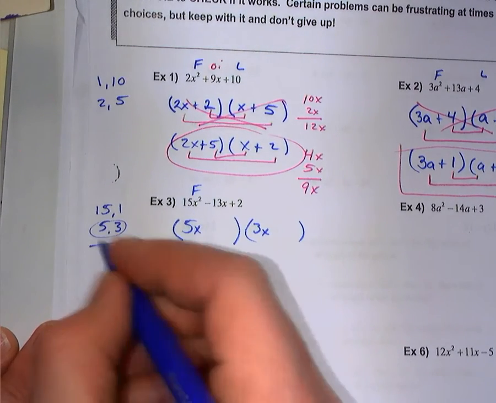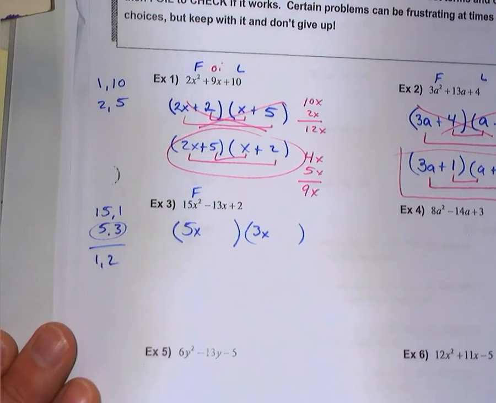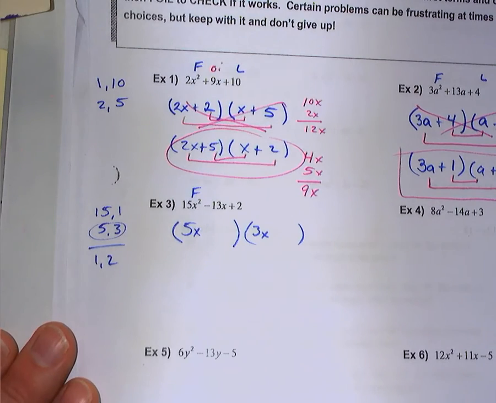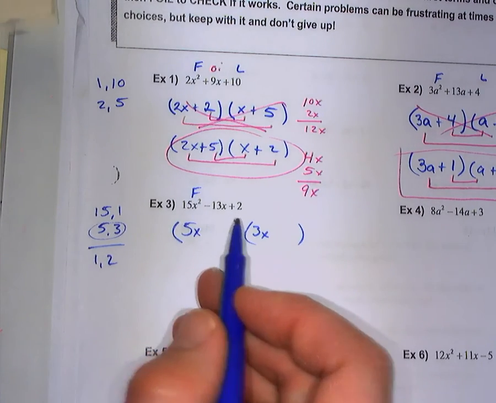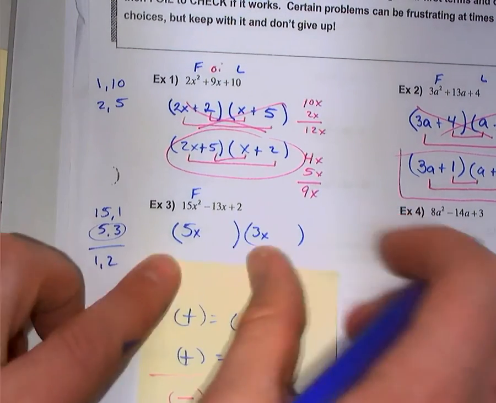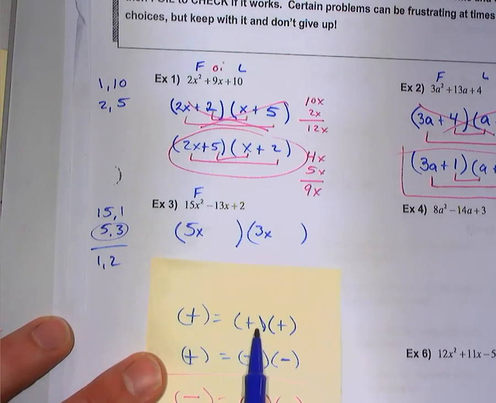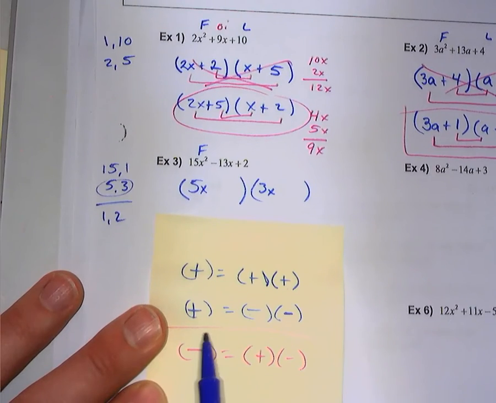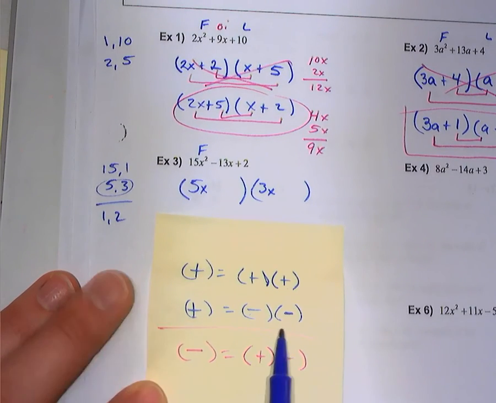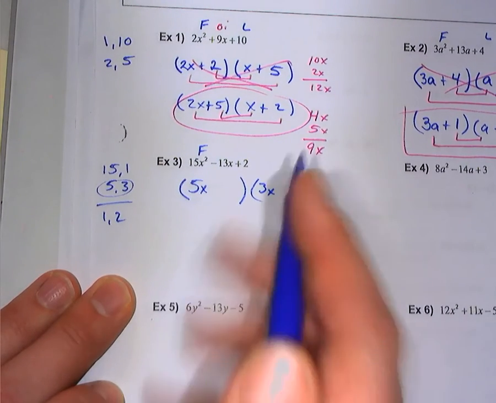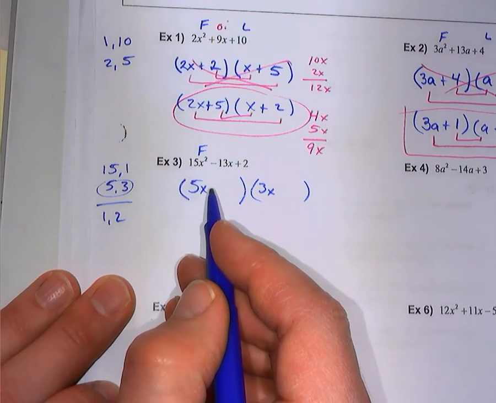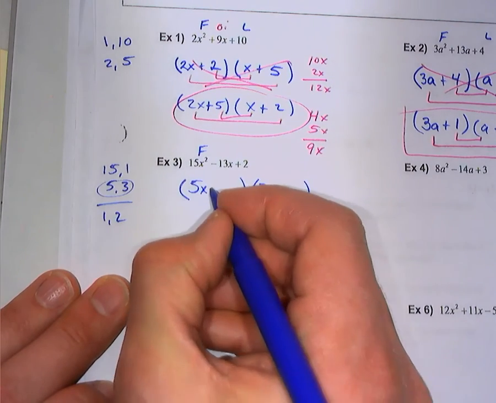Well, factors of 2 are 1 and 2 or 2 and 1. Right? Now, this goes back to what we talked about before. That's a positive 2, right? So factors of a positive are either both plus plus or minus minus. Well, if it adds up to a negative, what do they both have to be? Both got to be negative. Very good.